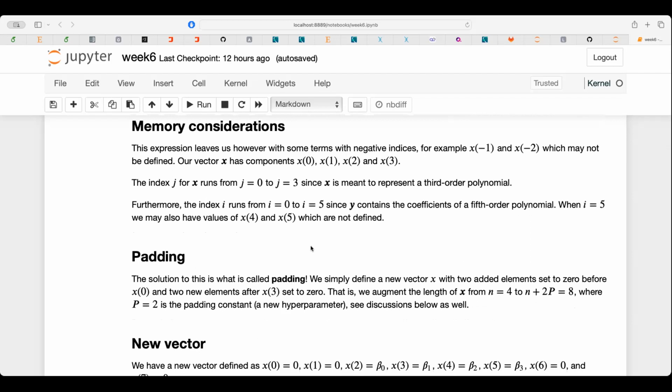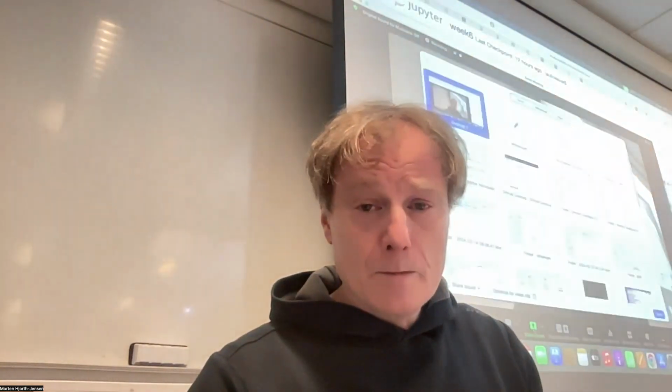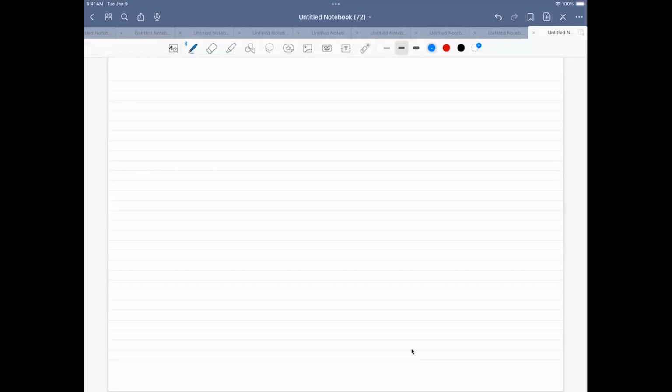So let's now bring up this example and try to set it up in a slightly different way. What we have now is a simple polynomial of degree 2, a second order polynomial, which is multiplied with a third order polynomial. If we look at the expressions, we have a j which runs from 0, 1, 2, and 3.